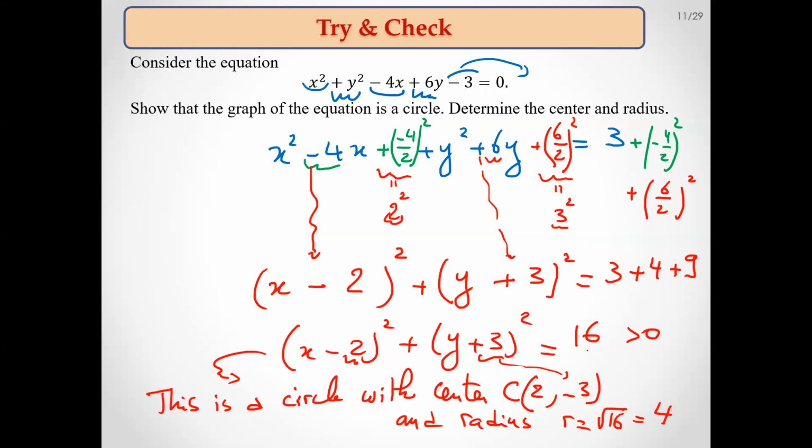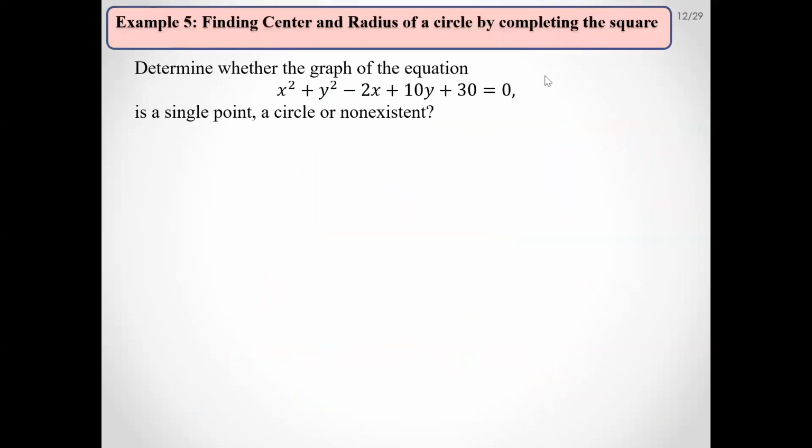هنا right side 16. So عندنا sum of two squares لازم يكون positive. إذا جانا المجموع حصلناه نيجاتيف، شو يصير في الحالة هذه؟ نشوف السؤال هنا. قالنا determine whether this graph, the graph of this equation, is a single point, a circle, or non-existent.